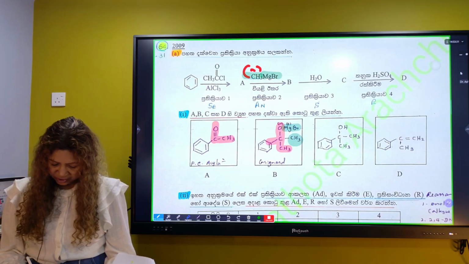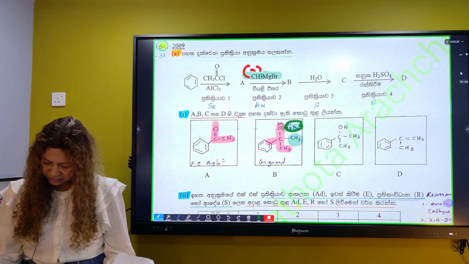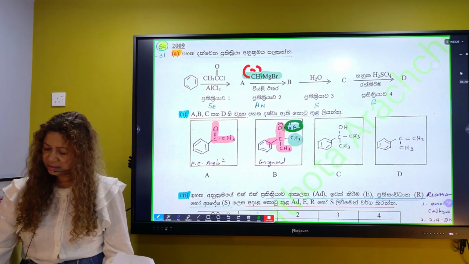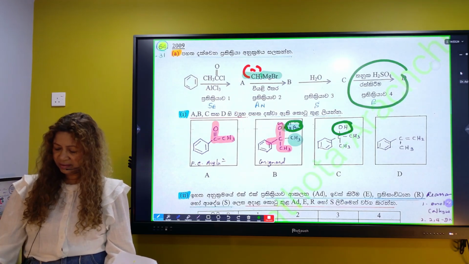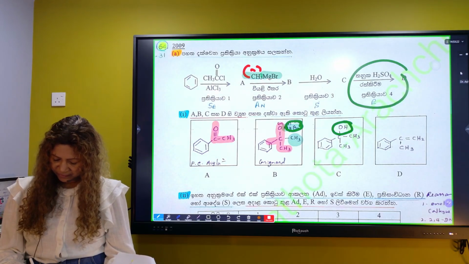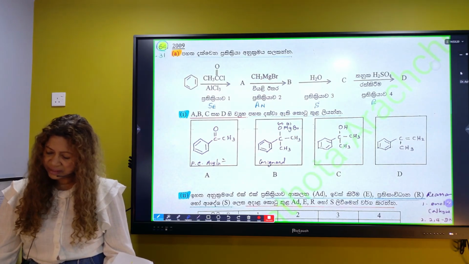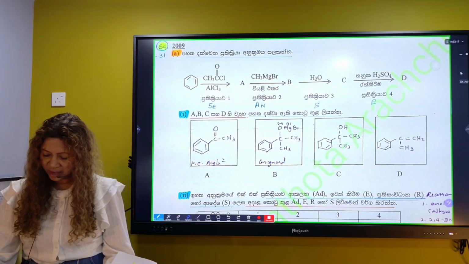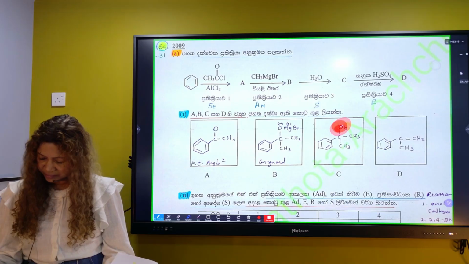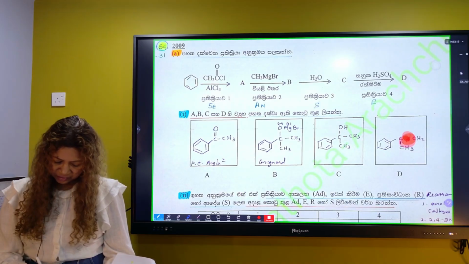Once you add water, MgBr gets away and OH joins. It doesn't matter if they have written this diluted, because there is no other reaction to occur since you already have OH. So the only possibility is getting away this water molecule, dehydration.